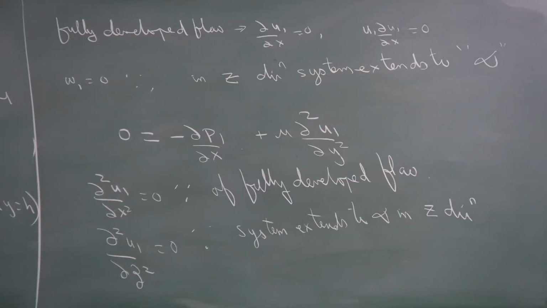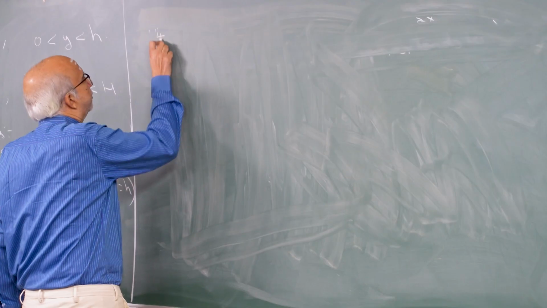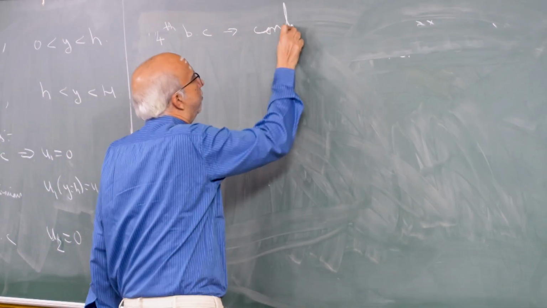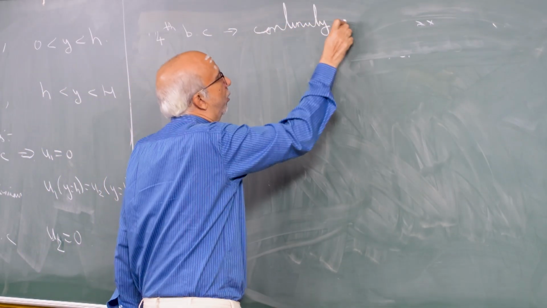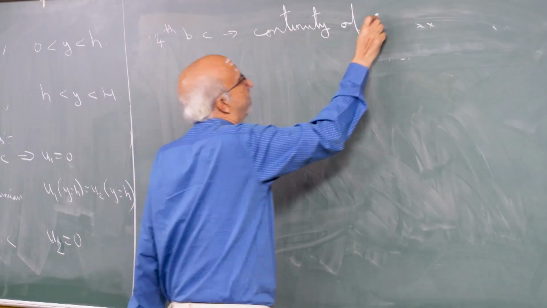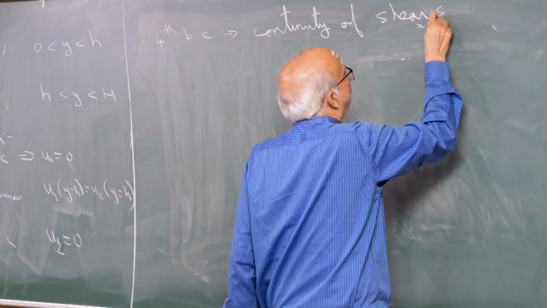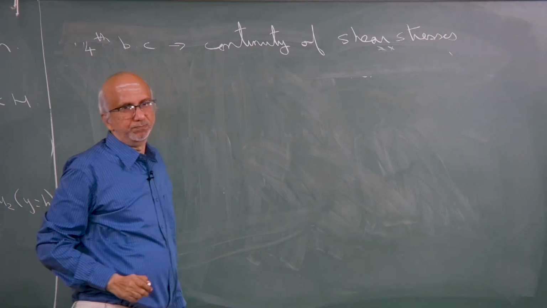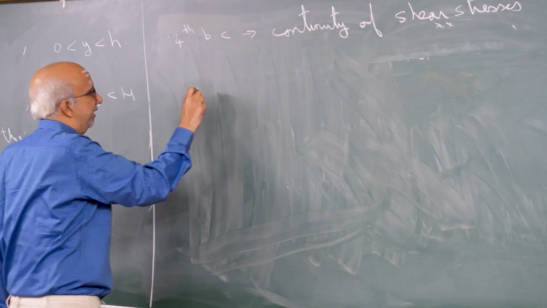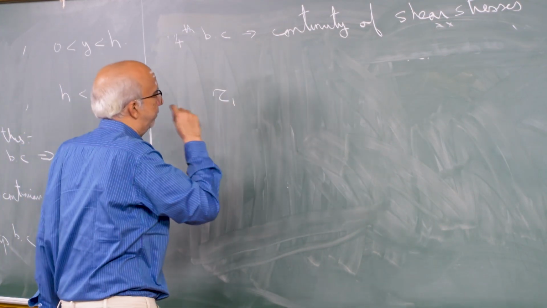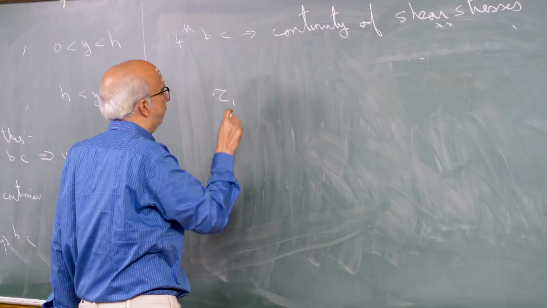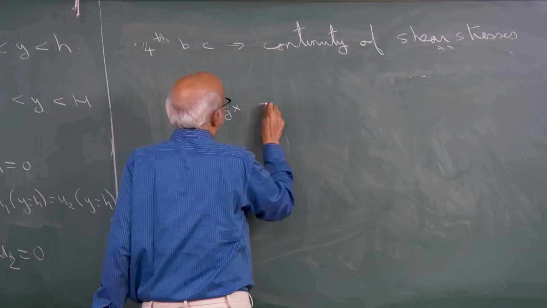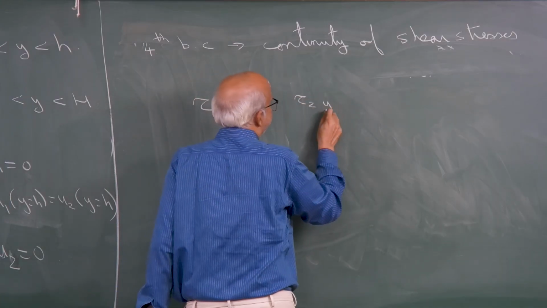Okay. So, the fourth boundary condition, because I need 4, is going to be given by that condition of continuity of shear stresses. The fourth boundary condition is continuity of shear stresses. That means, what I want to say is that tau 1 yx is equal to tau 2 yx.